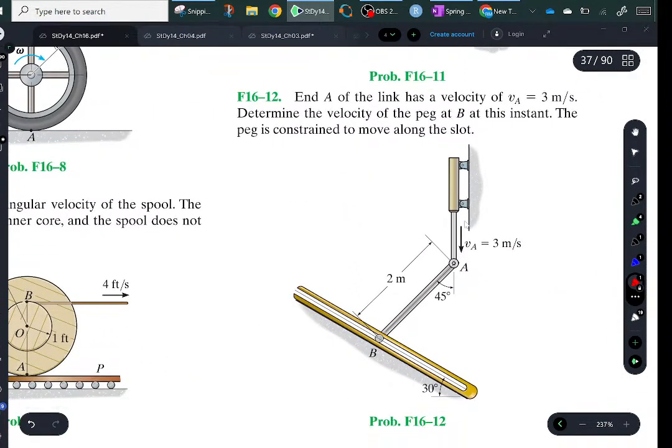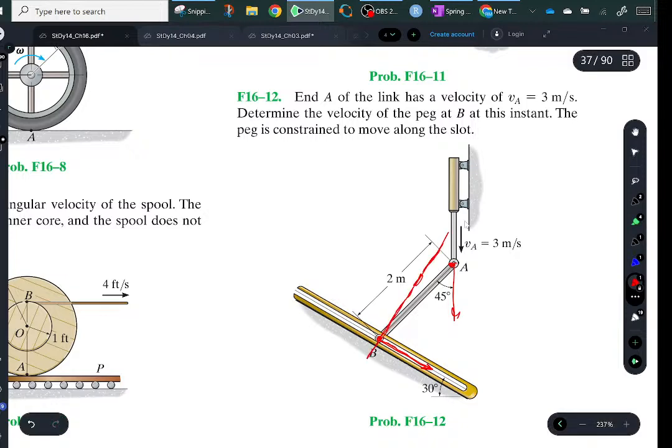Okay, this one, the velocity has to go along this direction, and this one has to go along this direction. So what you do is this point A and this point B are both on the body. Wait a minute. Where's my... Oh, okay. Never mind. So I draw a perpendicular.